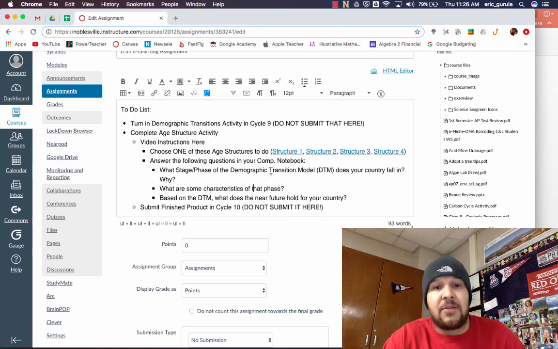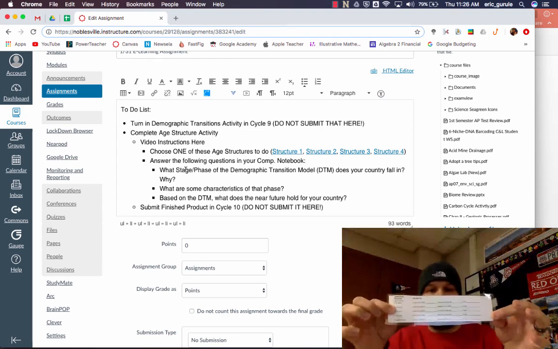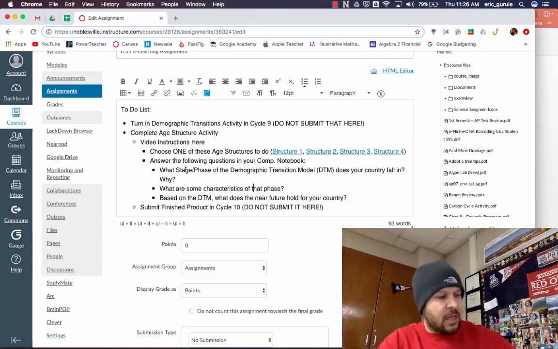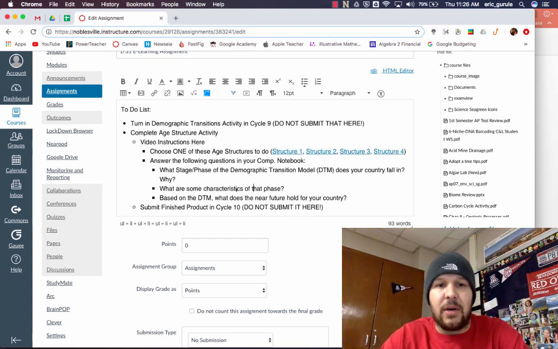And then you have to answer these 3 questions that are there. This information will go into your lab notebook. Just write all this information out and put it into your lab notebook, then do this part and put that into your lab notebook, and then answer these 3 questions at the end, also in your lab notebook.